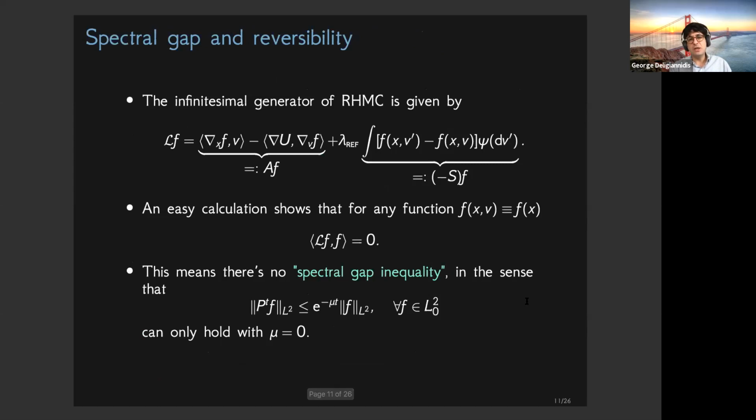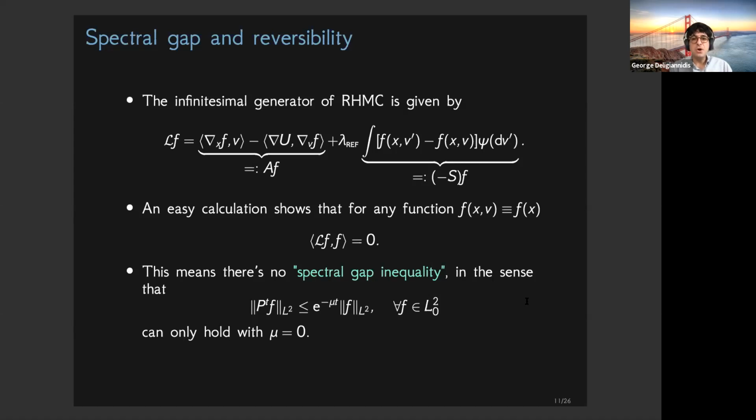Okay, so let's see how this breaks down if you look at RHMC. If you write down the generator of RHMC, it's first order, and it's antisymmetric. That's the component A. And the second component comes from the refreshment, and it only affects the velocity component, and it's symmetric.